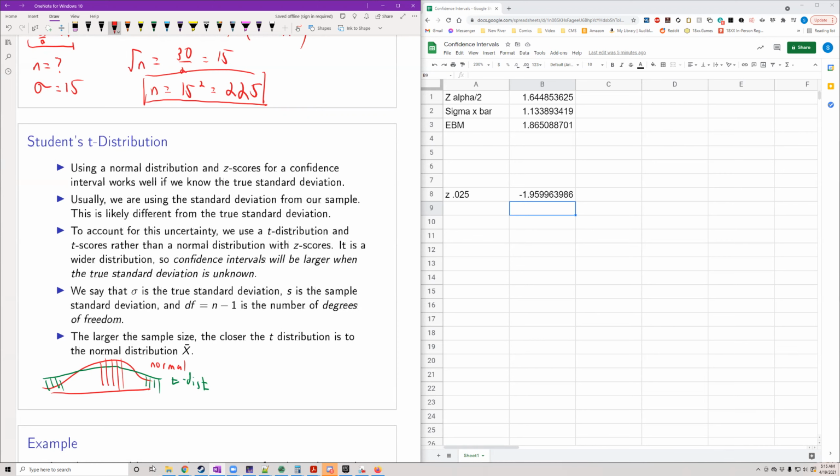Because this t-distribution is more spread out, it's more appropriate for when we don't know the standard deviation. The percentage is going to be much further away, and as a result, it is going to be a less confident interval. But that ends up being more accurate when we don't actually know the standard deviation.